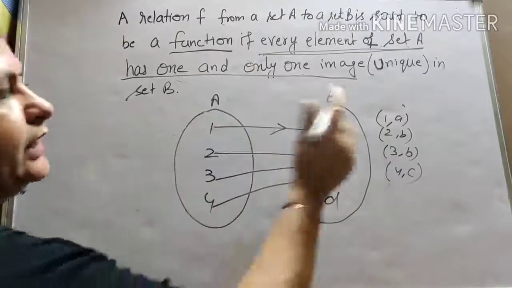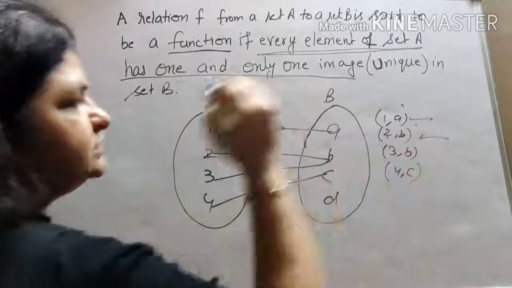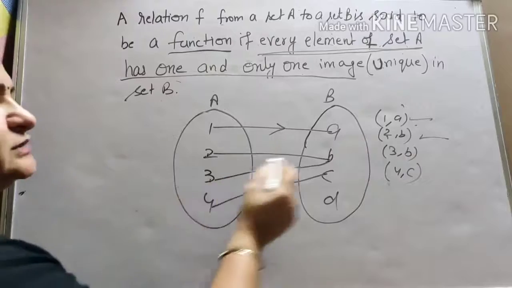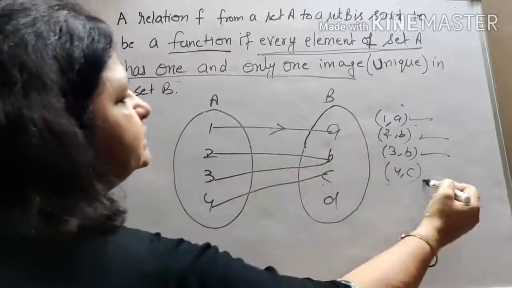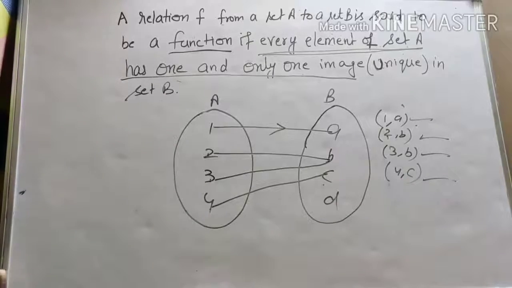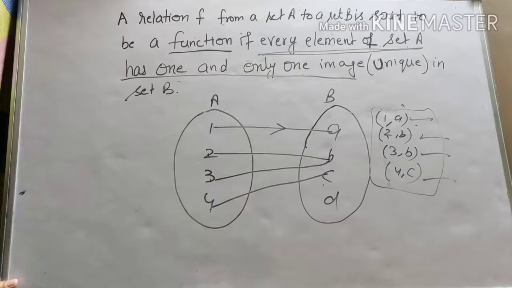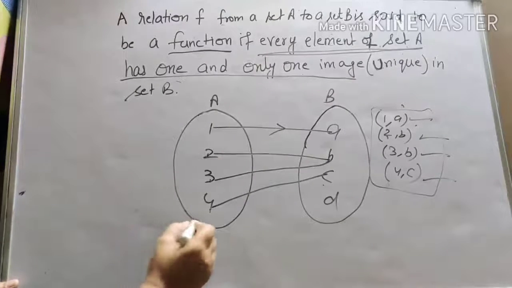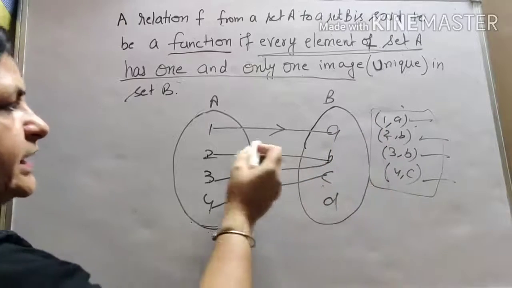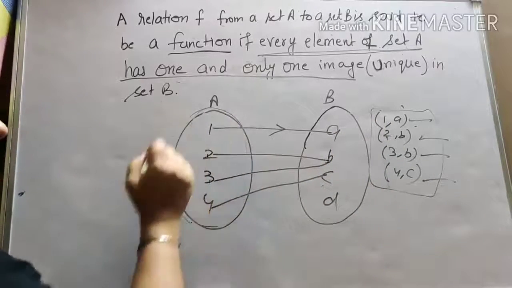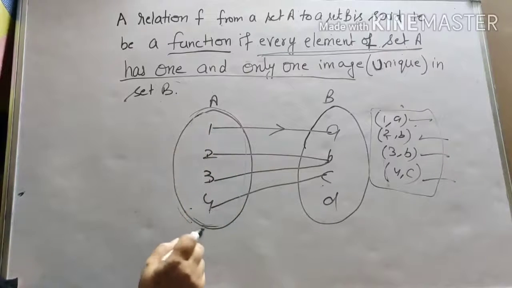1 has only one image, that is A. 2 has only one image, that is B. 3 has only one image, that is B, and 4 has only one image, that is C. So this relation is a function.